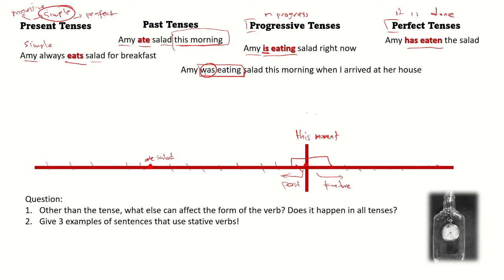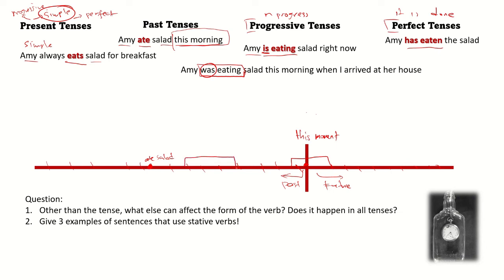Okay, so why would we want to use the past progressive form? Now, the past progressive form indicates that an action was still in progress when another action happened.